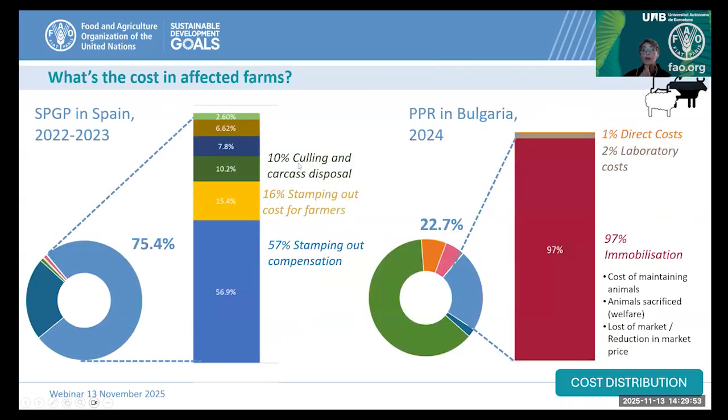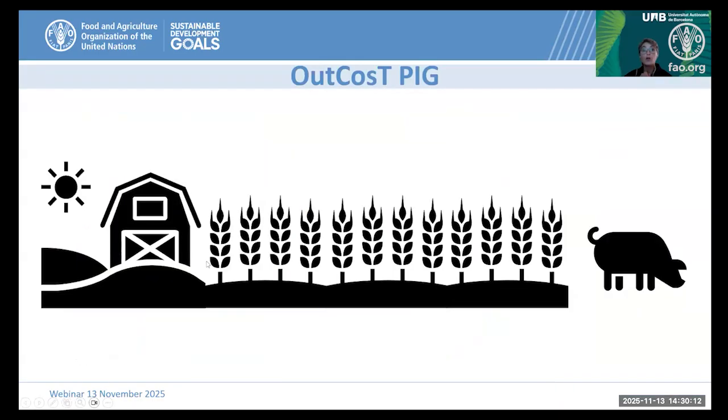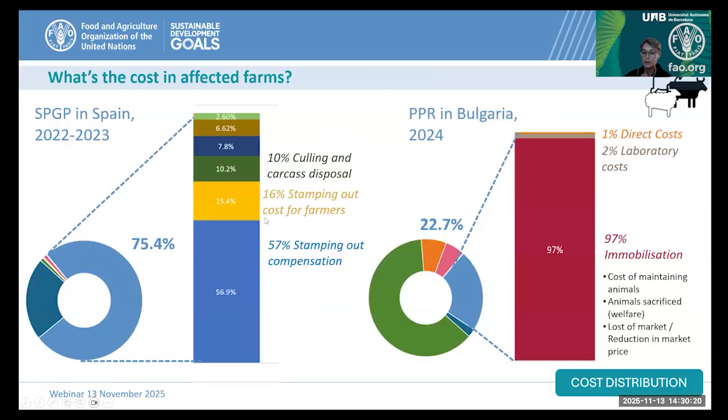But we can also look inside this section, for example, the management of the outbreak, which in Spain affords almost 76%. We can see that more than half of the cost was due to compensation for sacrificed animals, although farmers also had to assume 16% of the cost.